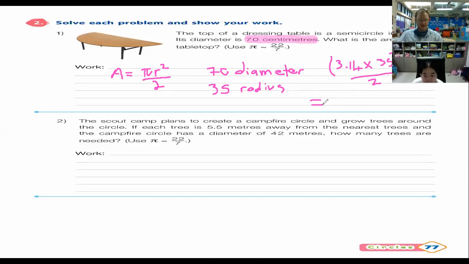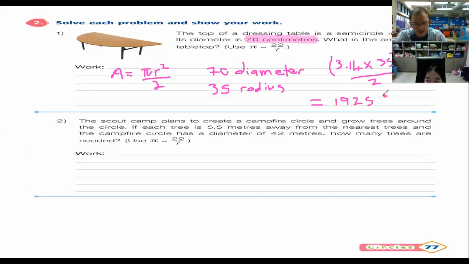So let's quickly calculate this one and see what the answer is. You can tell me what the answer to that one is. It's somewhere in the region of about 1,925, plus minus.